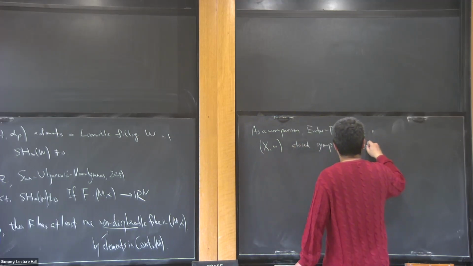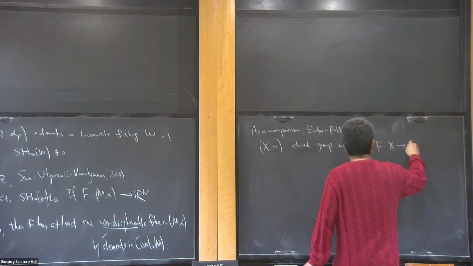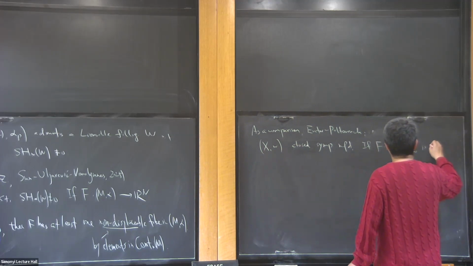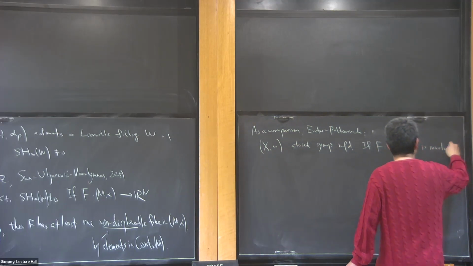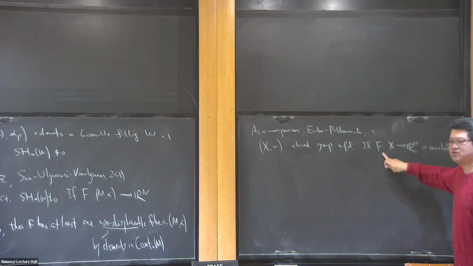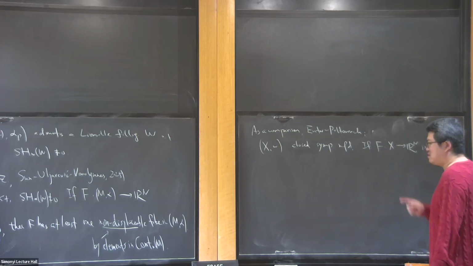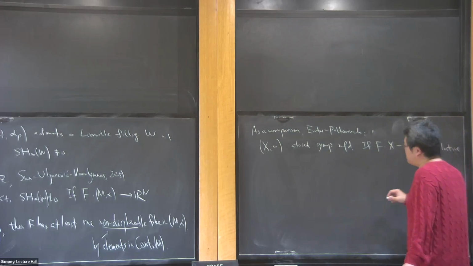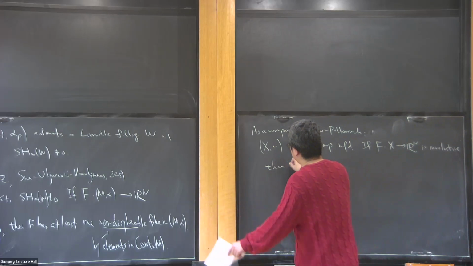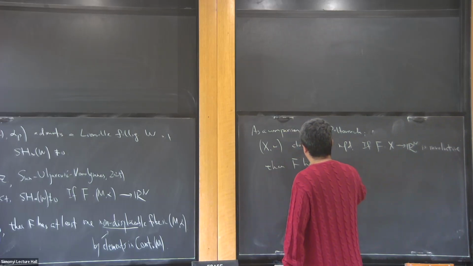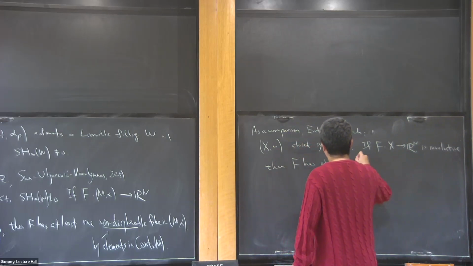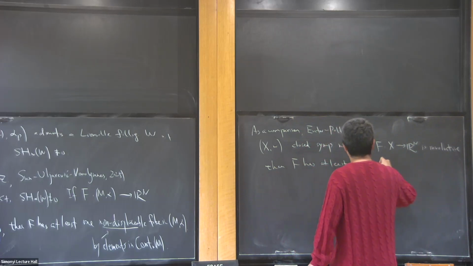And if F is involutive, now this time is really the one that you feel. Involutive means that each of the components of this function commute with respect to the symplectic Poisson bracket. Then again, the same conclusion holds: F has a non-displaceable fiber.